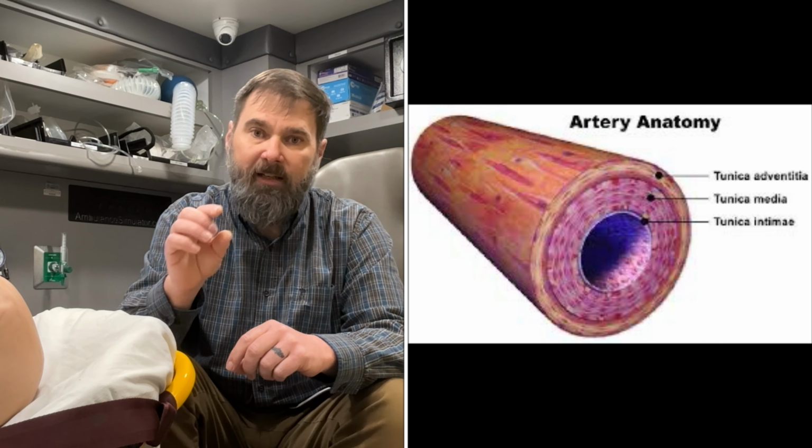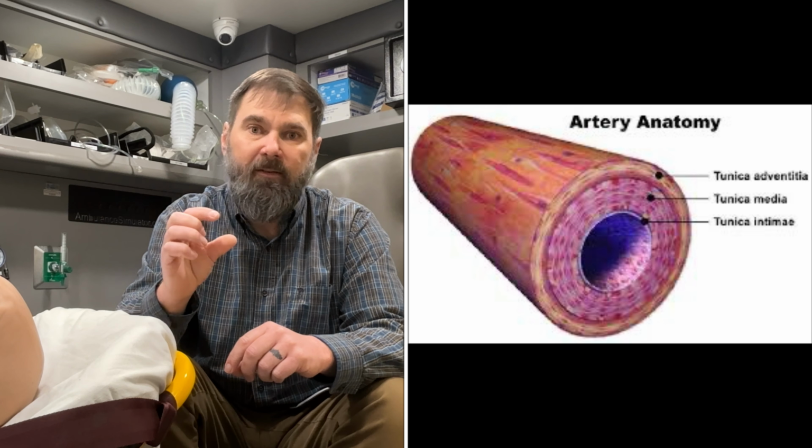The tunica media, the meaty portion of the vessel, is the muscle layer, and it's constantly contracting or dilating based off of what our blood pressure is. If we lose communication from our brain or spinal cord to a certain area of the body that regulates those vascular tones, then basically our vessels become paralyzed and they relax.